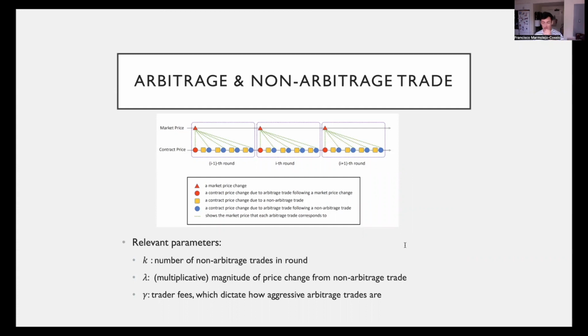We're going to model the dynamics of contract and market prices with arbitrage and non-arbitrage trade, where the sequence is going to evolve over epochs, where first the market price is going to change, and then there's going to be a certain amount of uninformed non-arbitrage trade that's simply going to be an upward or downward flow of price. And if at any moment in time the contract prices deviate by a specific amount from market prices, arbitrage is going to kick in and bring contract prices back close to market prices.